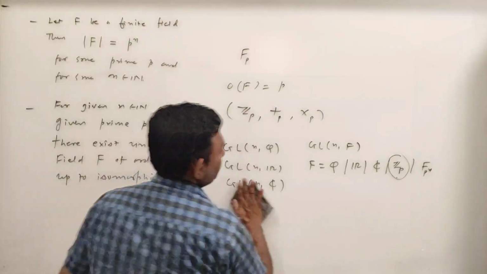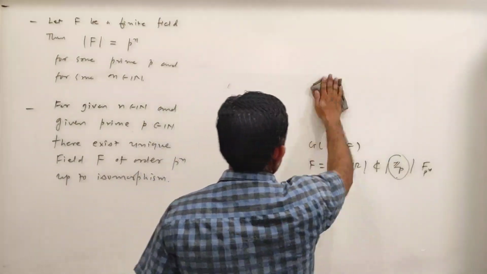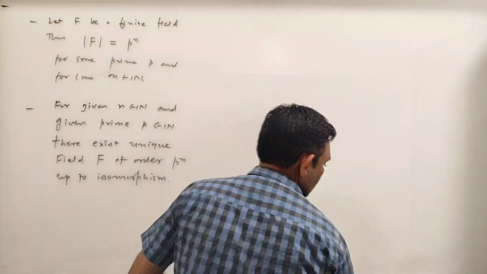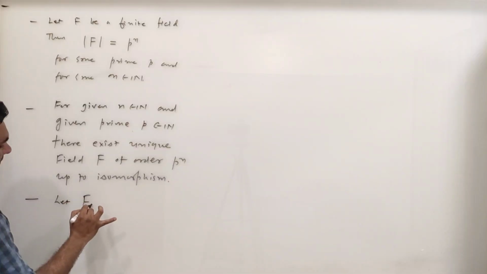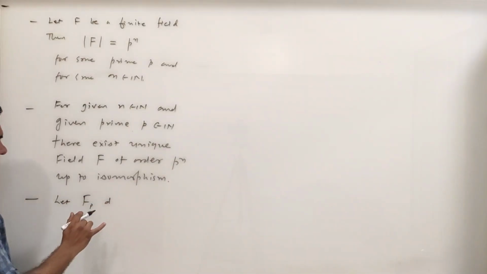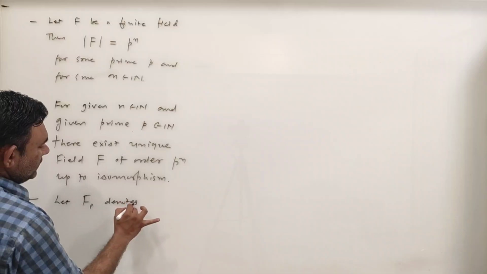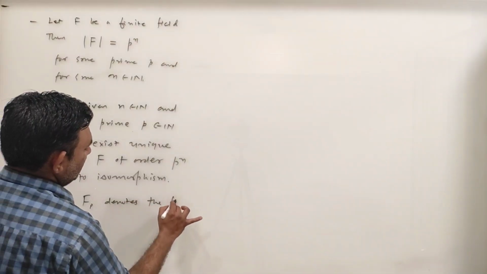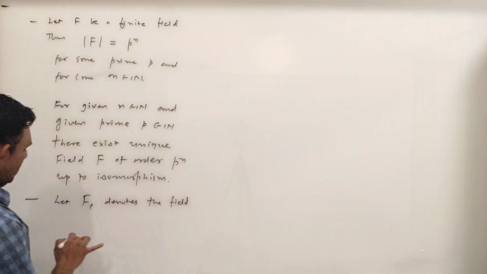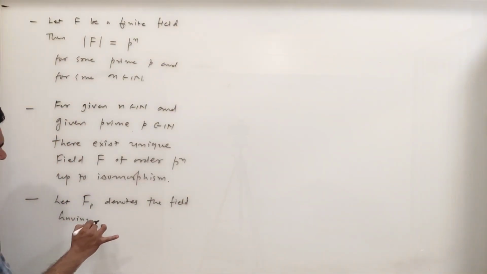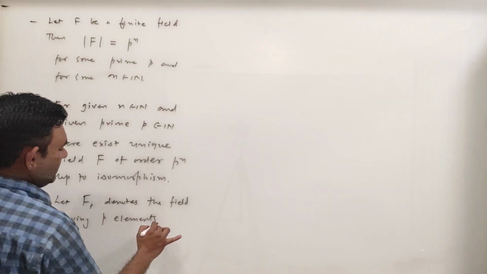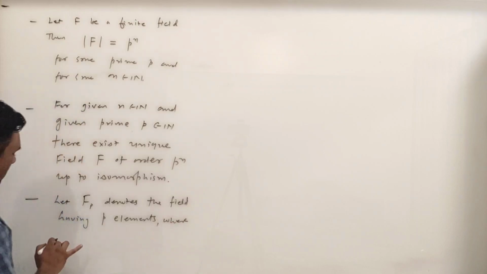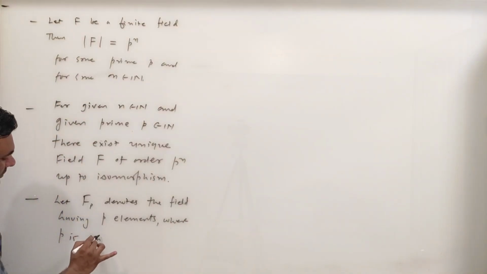So let me give one notation. Let F_p denote the field having p elements, of course where p is prime, right?